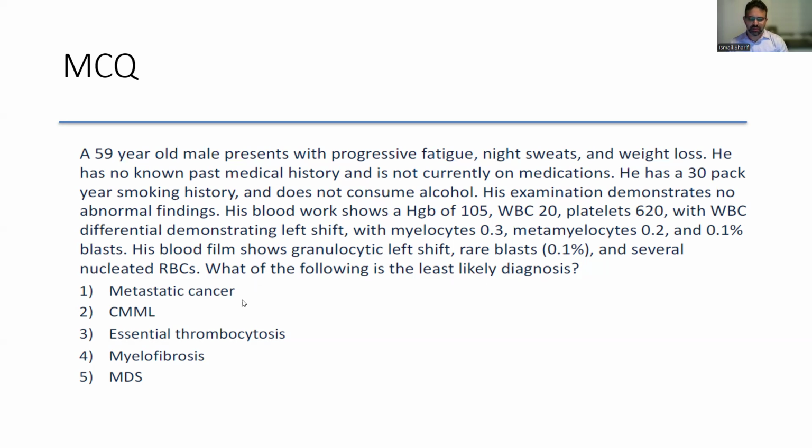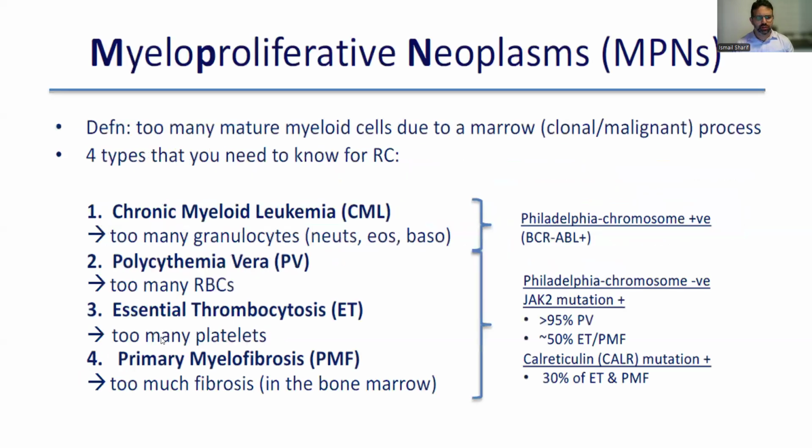Can this be metastatic cancer? Can this be CMML? Can it be essential thrombocytosis, myelofibrosis, or MDS? Okay, so we have to put the whole picture together, and then we move on to the next. Let's have a look at these myeloproliferative disorders, and then we'll decide which of the following fits this case.